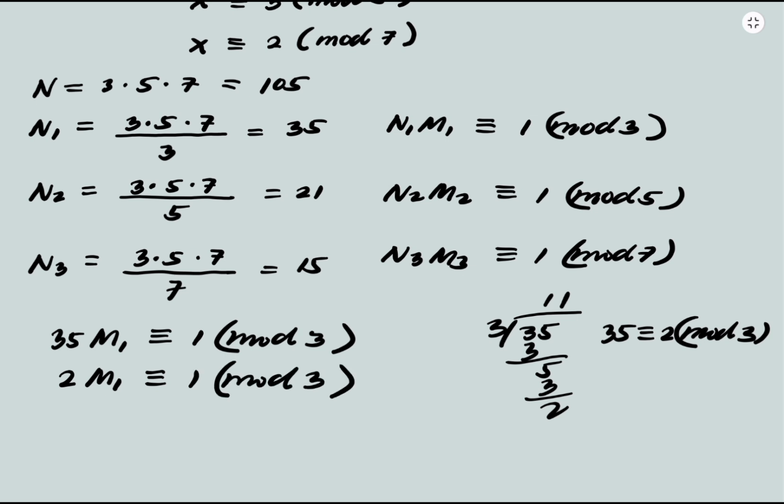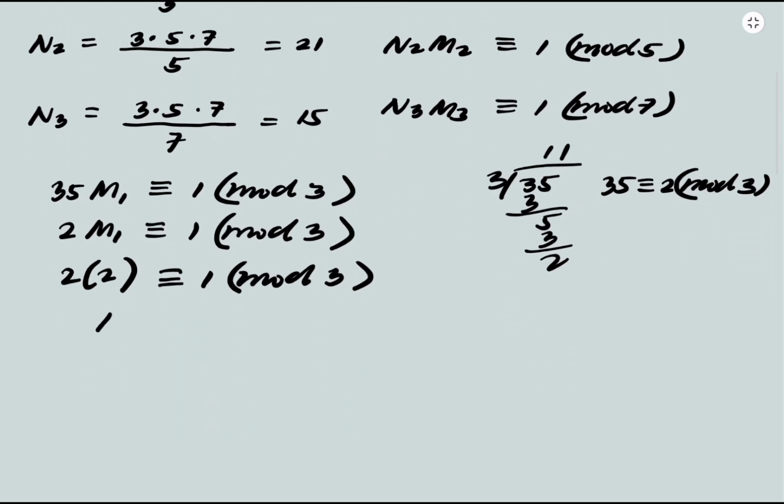Now, we need to find the value of m sub 1. 2 times a number must be congruent to 1 when divided by 3. And that would be 2, right? Because 4 divided by 3, the remainder is 1. So m sub 1 is equal to 2.